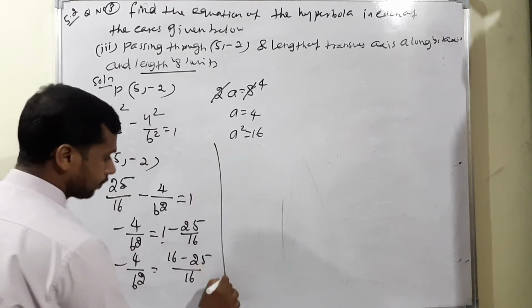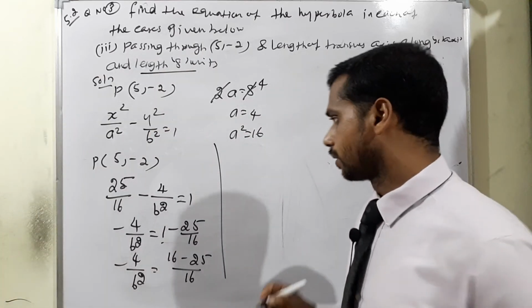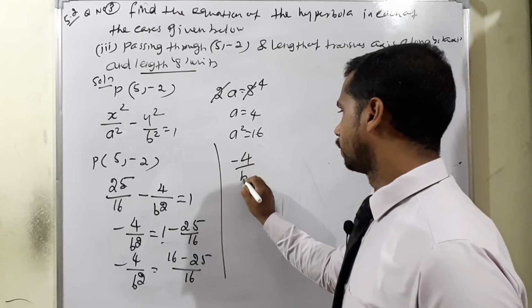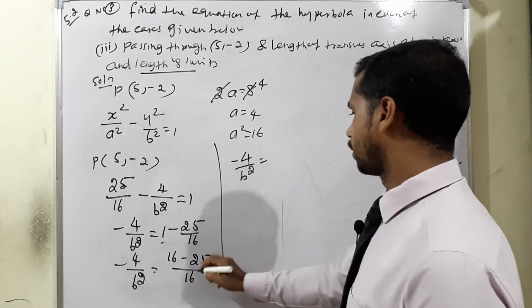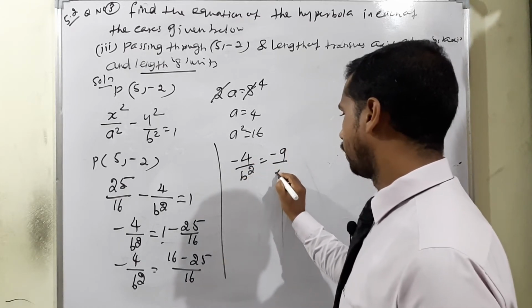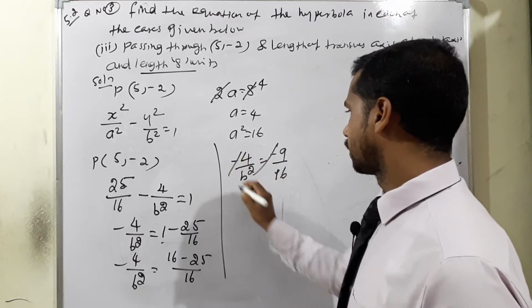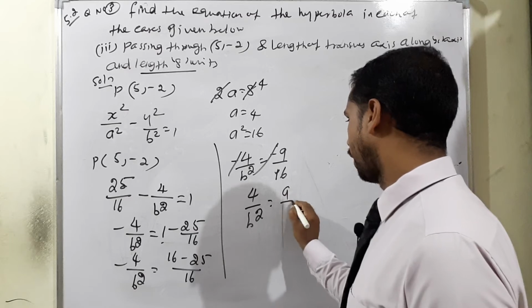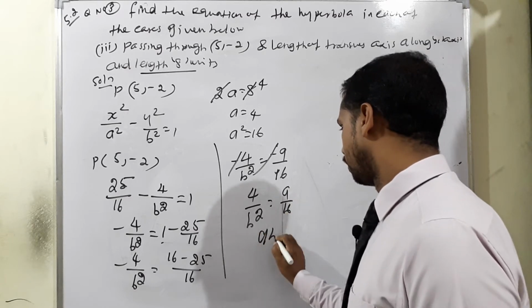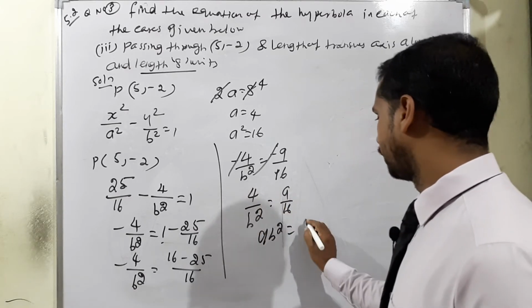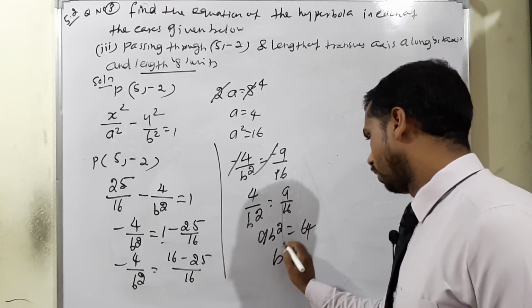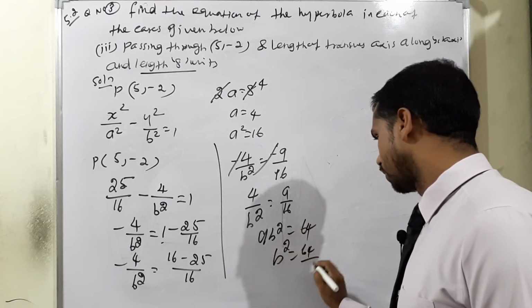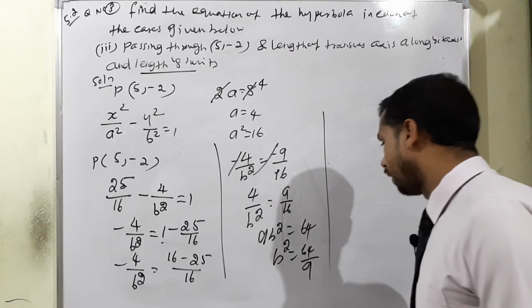Again negative 4 by b square is equal to 16 minus 25, means minus 9 divided by 16. Again minus minus cancel. Therefore 4 by b square is equal to 9 by 16, means 9b square is equal to 16 into 4, means 64. Therefore b square is equal to 64 by 9.